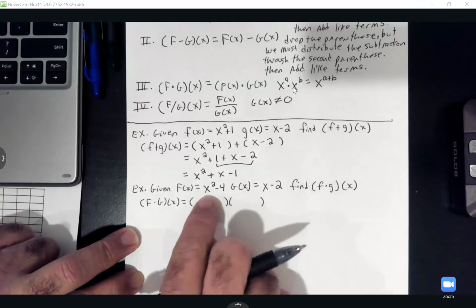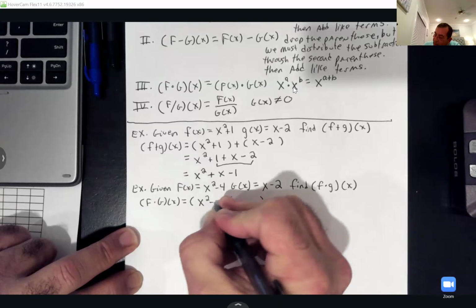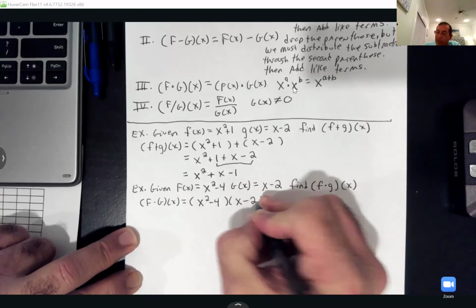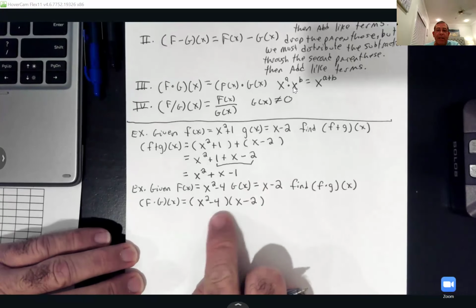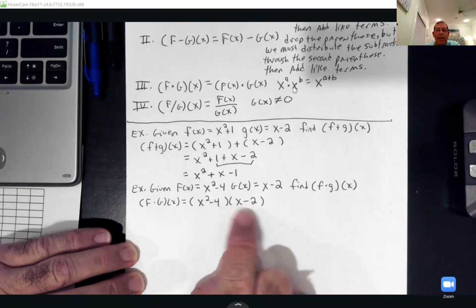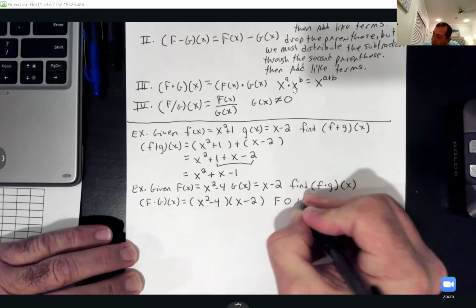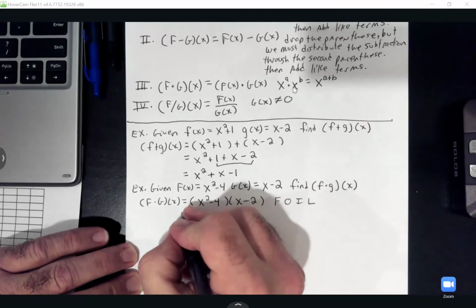All right, so let's put in the x squared minus 4. And then over here, x minus 2. And y'all, we practiced doing this the other night in support. When I got 2 things times 2 things, we're going to do what y'all know as FOIL this.